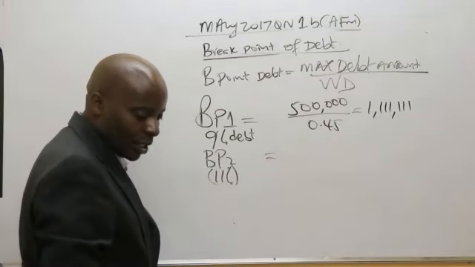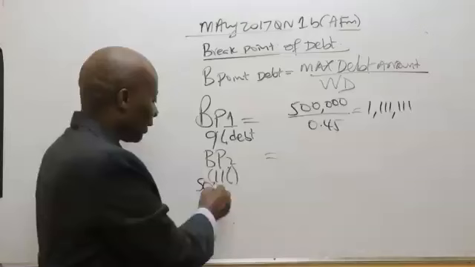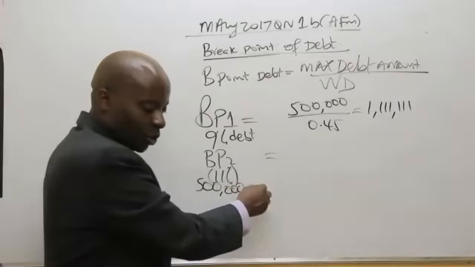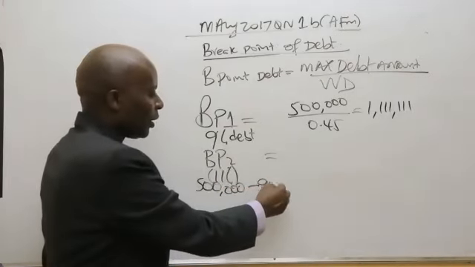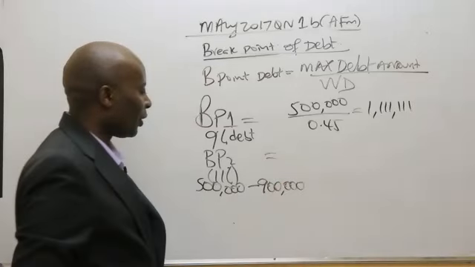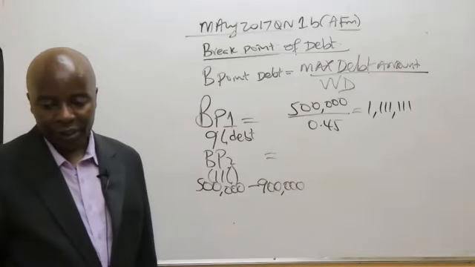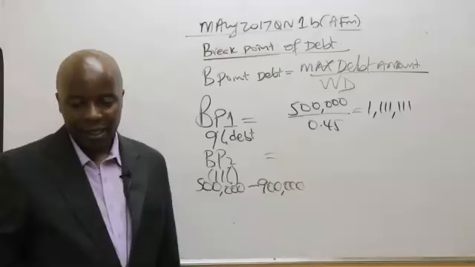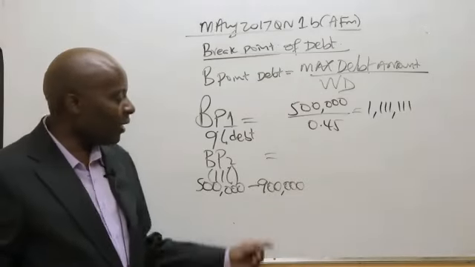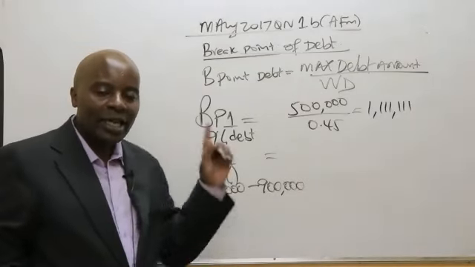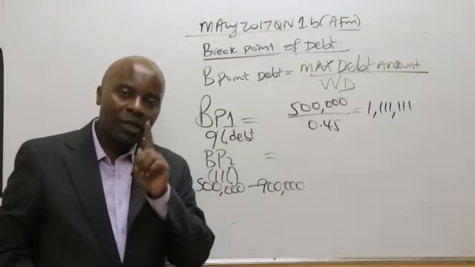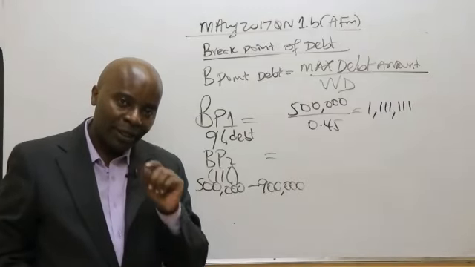I can see the range here is 500,000 all the way to 900,000. So here I may be tempted to subtract the 2, and that is the biggest mistake that you can ever do in this kind of arithmetic.